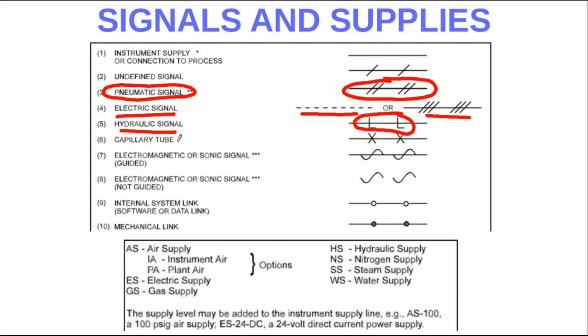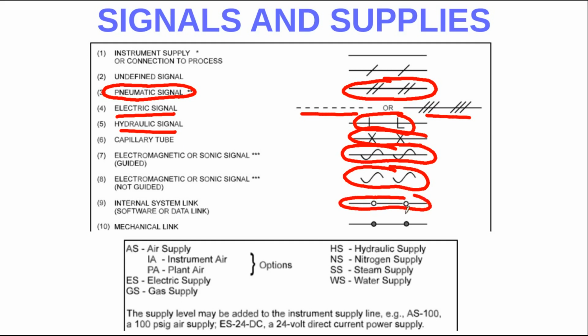A capillary tube like this. An electromagnetic signal, when it's guided, is represented like this. When it's not guided, for example, a radio signal or similar, is represented like this. As you can see here, the links, when they are software or a computer link, is represented like this, but when it's a mechanical link, it's represented in a different way.